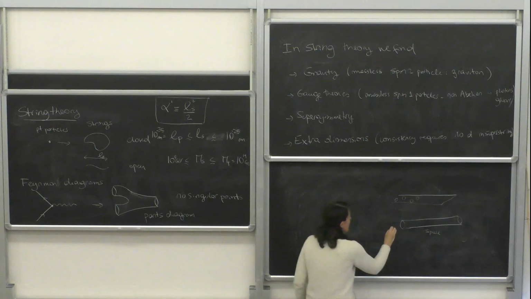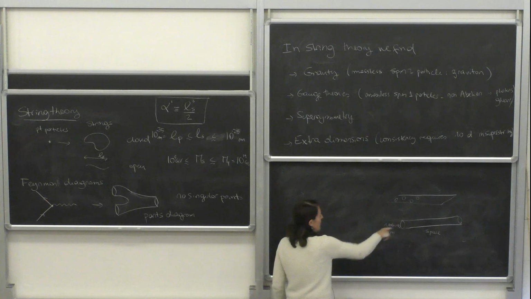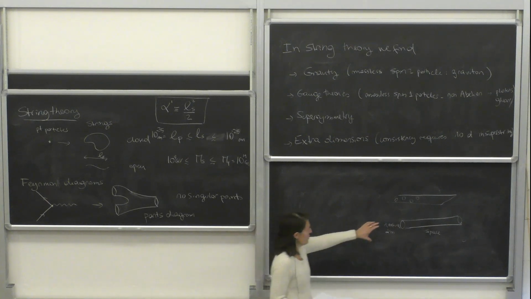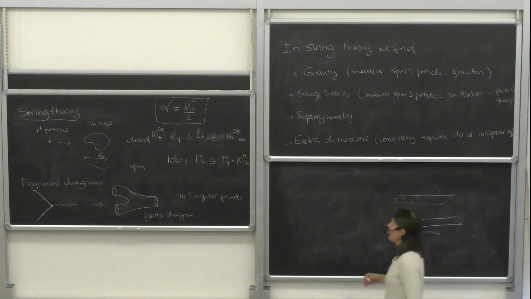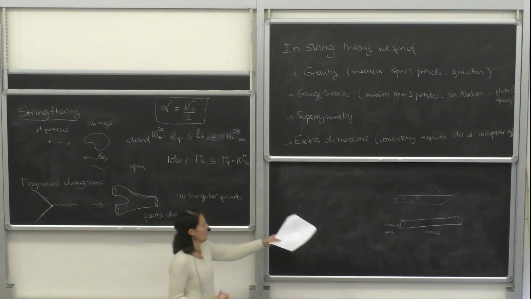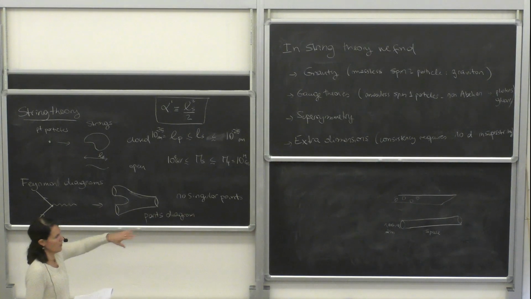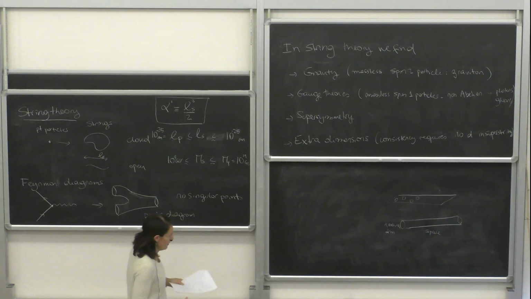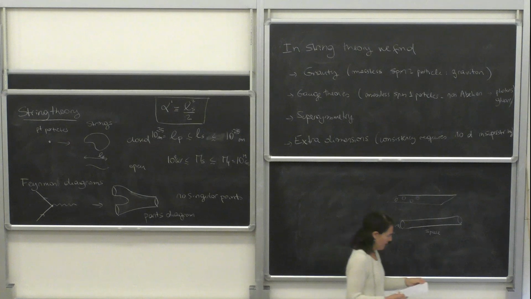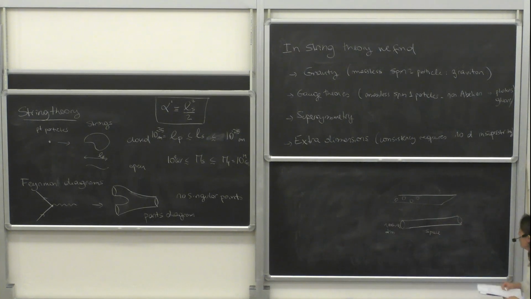So the idea is that this is curled up in some small space that we haven't observed, and again, that gives another possible scale, which is, in general, the way we know how to treat these extra dimensions is when this scale is much larger than the string scale, but that's not necessarily the case. Yeah, and hopefully we'll see this.